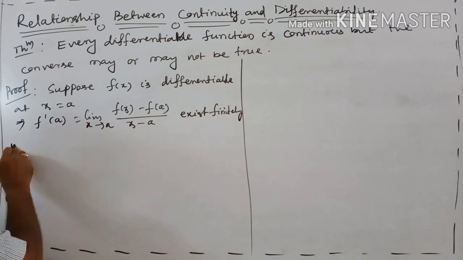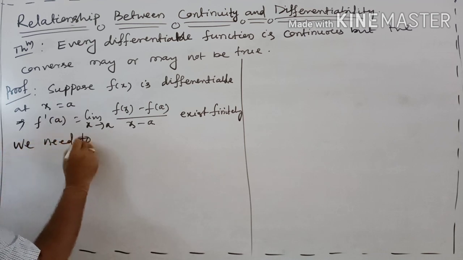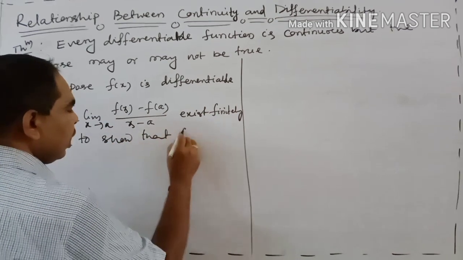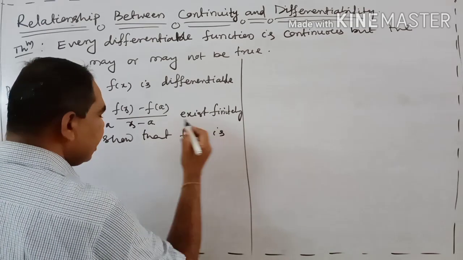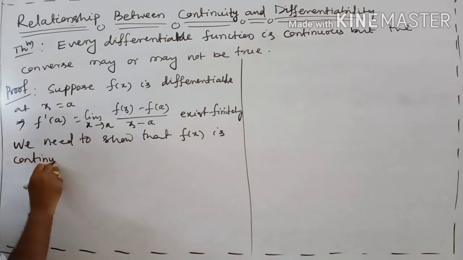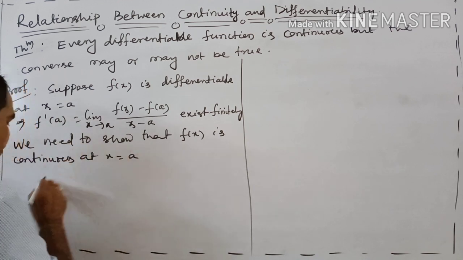We need to show that f of x is continuous at x is equal to a.